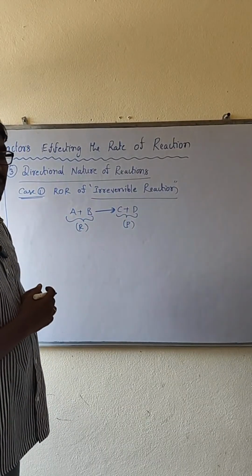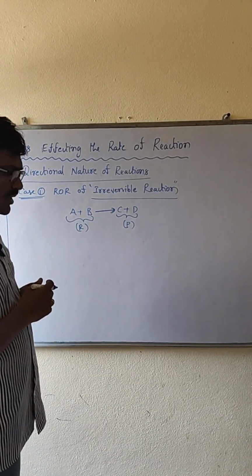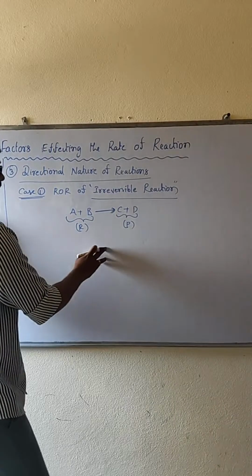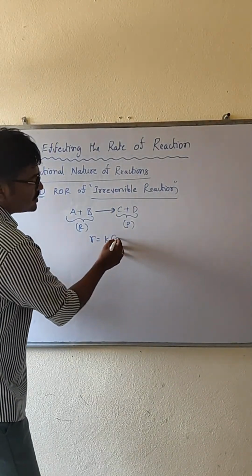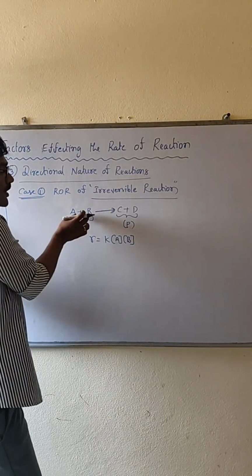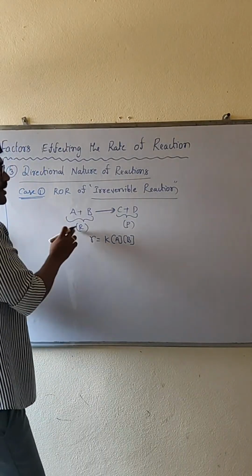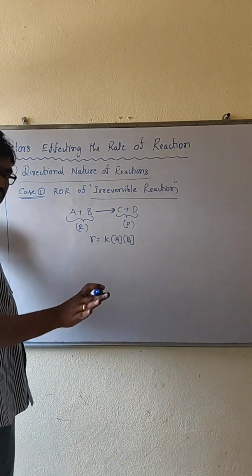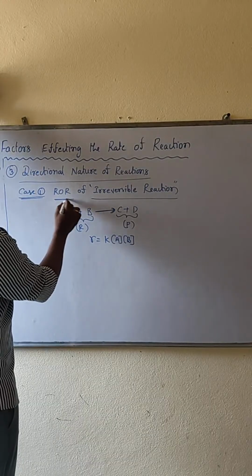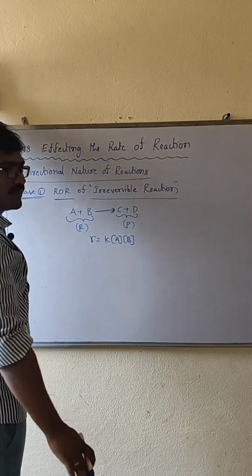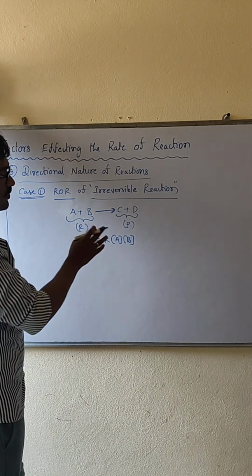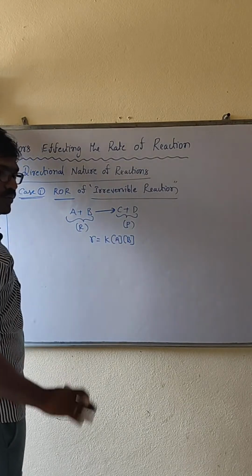For irreversible reactions, if you observe, the rate of reaction depends upon the concentration of A and the concentration of B. When the concentrations of A and B decrease, the rate of reaction also decreases.